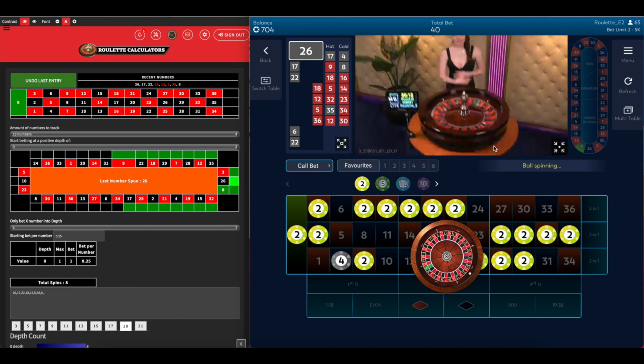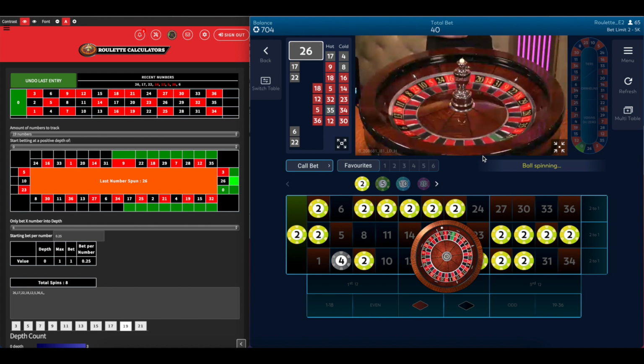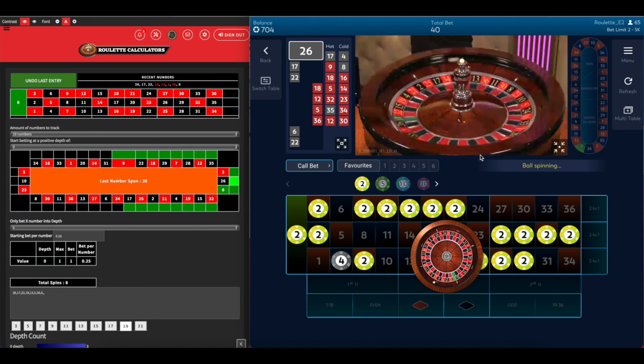I don't like what she did then. She just picked up the ball and spun it from a random spot. So I have to keep my eye out on the next one. Normally they're spinning it from the right area on this one, but I think she's changed it up a little bit.